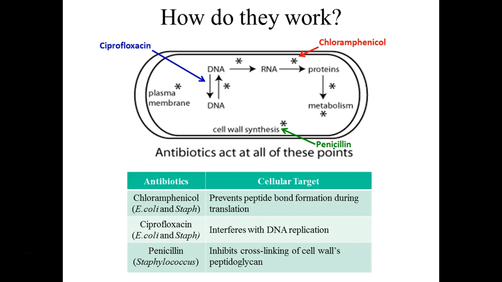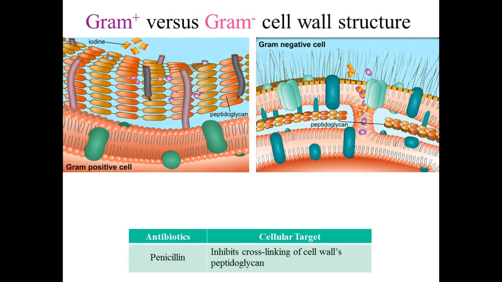So all these processes are happening inside the cell. So where do the drugs need to get? Inside the cell. So if it can't get in, it can't interfere with these processes. And that's one of the major protections that gram-negatives have, is that outer membrane. It actually stops a lot of antibiotics from even getting in. So it's naturally resistant by having that outer membrane.